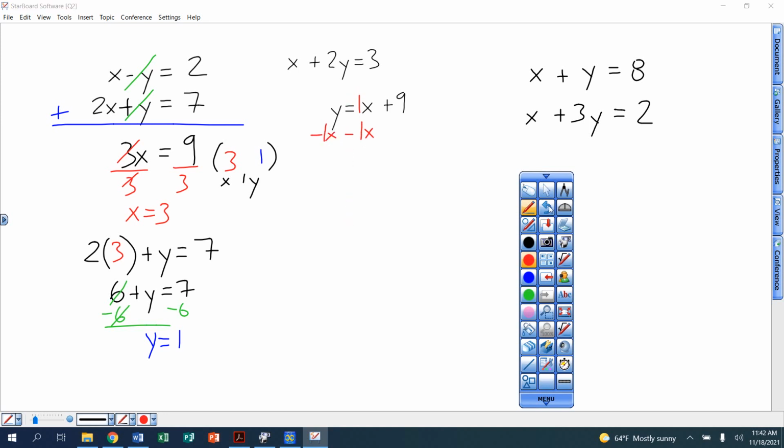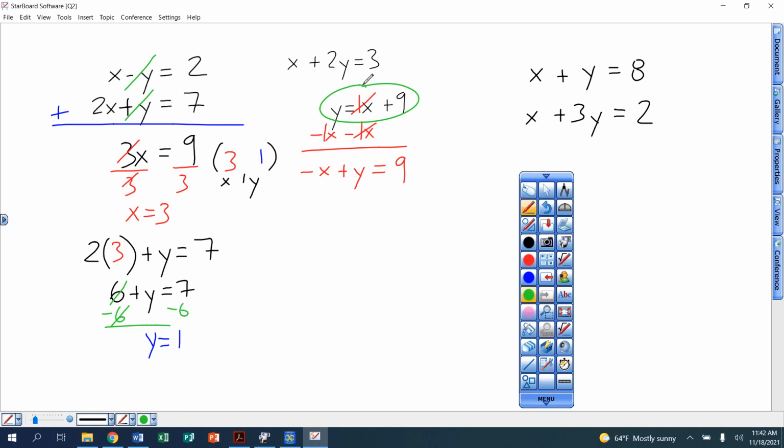If I do that, these will cancel, and that will be written as, instead of writing as negative 1x plus y, we're just going to write that minus x plus y equal to 9. And even though that looks drastically different, it is the same. They are equivalent, just rearranged algebraically.